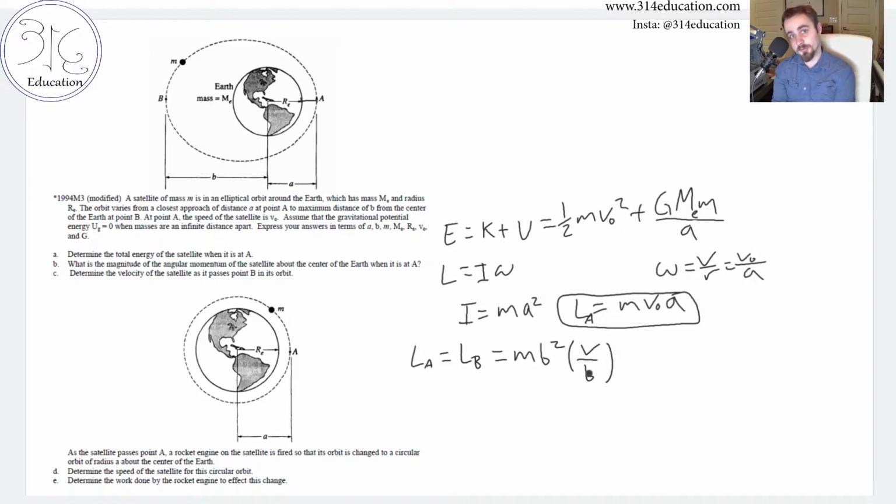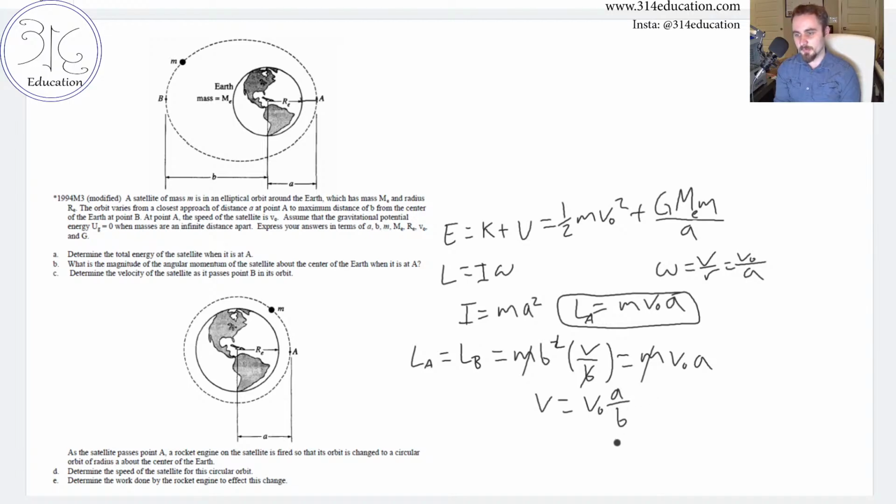Now this v is not equal to v naught because we expect this velocity to be different at this height. We expect it to be lower. And so we said this is equal to L A, so we set this equal to m v naught times a. Cancel our m's. Our velocity does not depend on our mass, which is nice. We can cancel one of these b's, and to get v on its own, we divide, giving us v is equal to v naught times a over b.